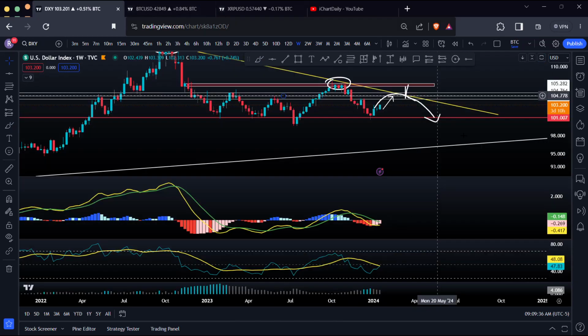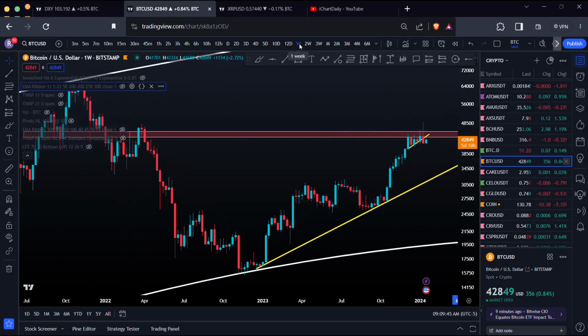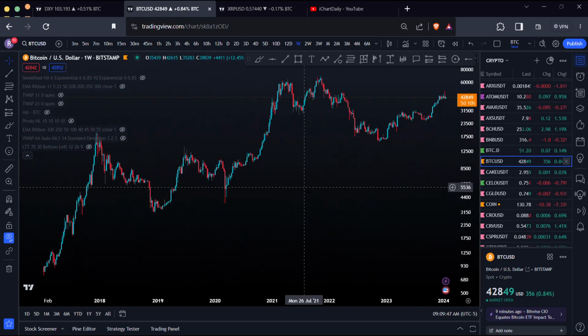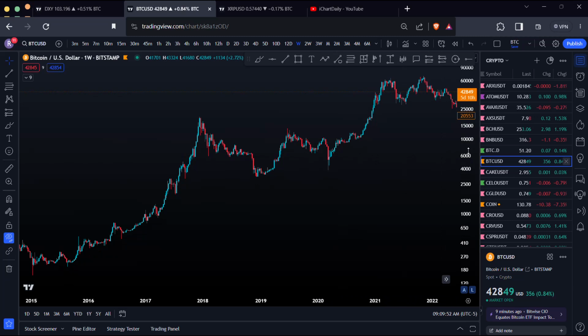Now that we understand the DXY has a couple of weeks to grow, we look at Bitcoin. The most important trend that I could teach you guys is on the weekly chart, regardless of all the noise, the ETF, all the bad noise like Silk Road and all these countries banning it.